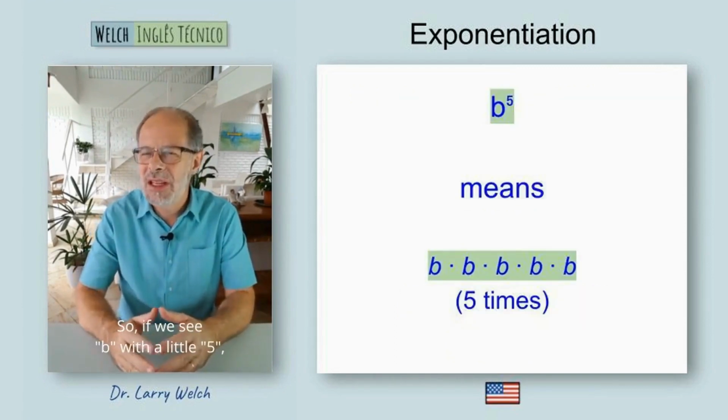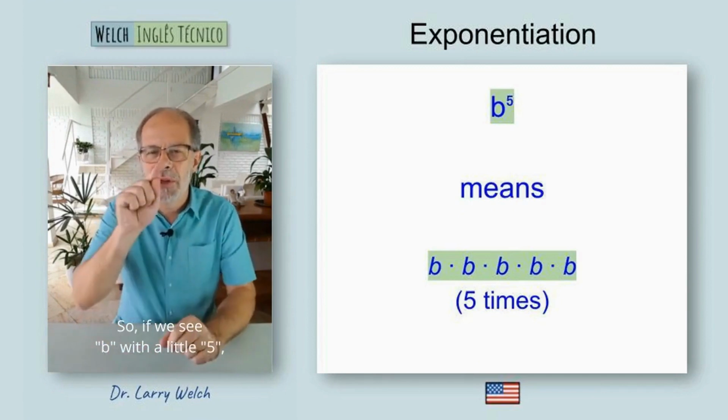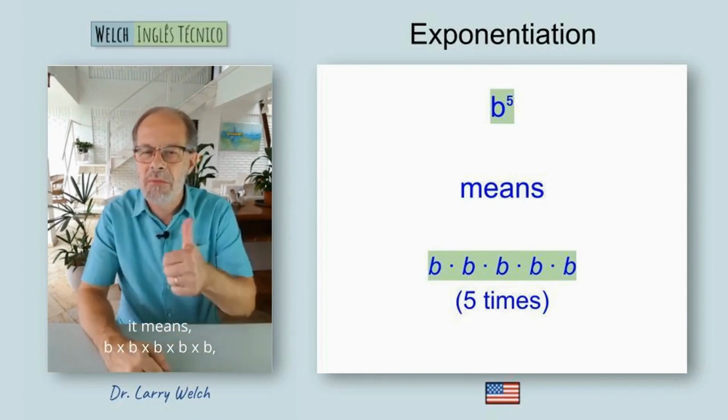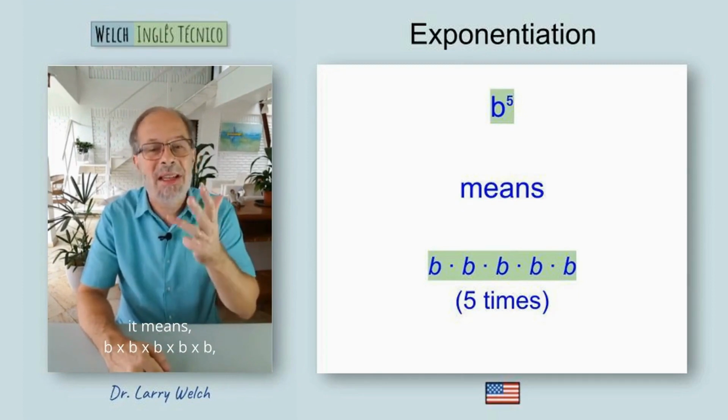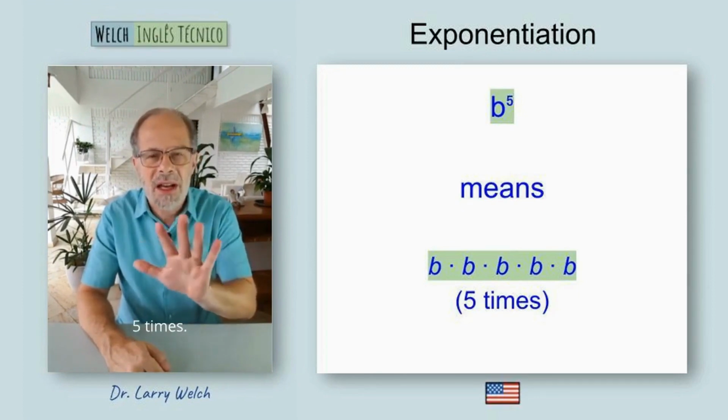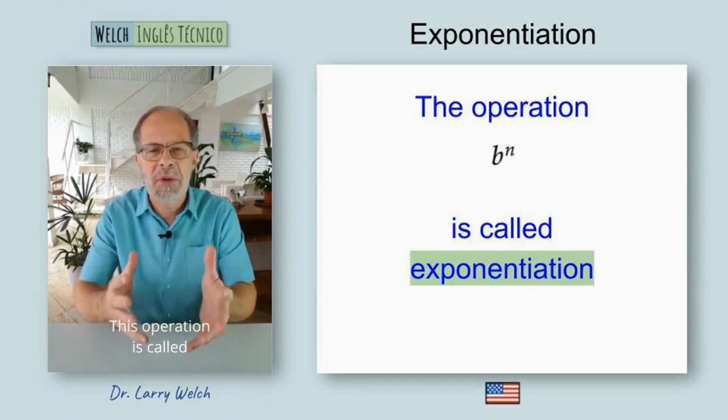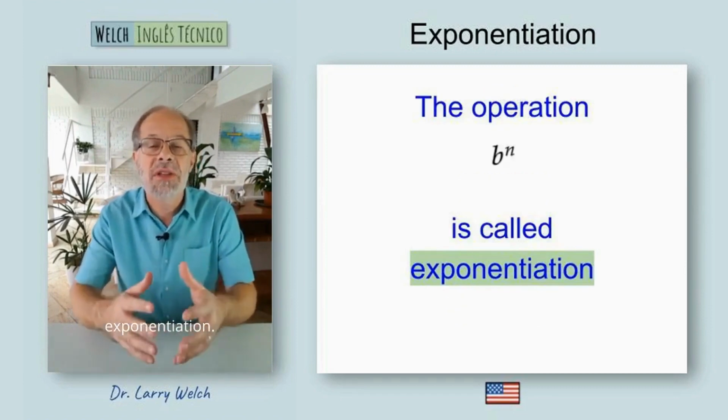So if we see B with a little 5, it means B times B times B times B times B, 5 times. This operation is called exponentiation.